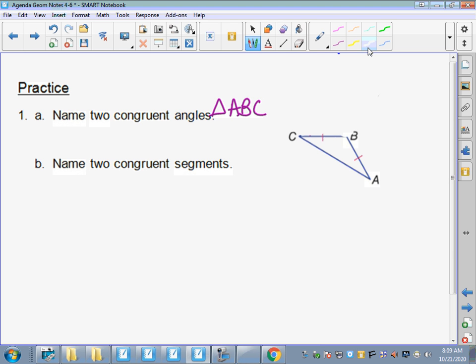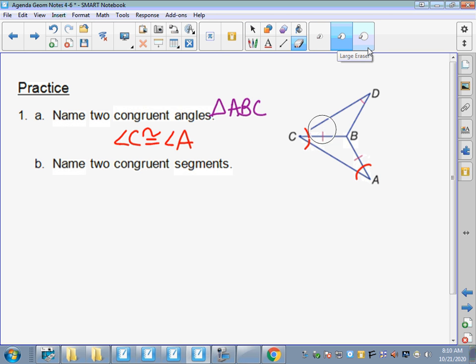Therefore, the opposite angles have to be congruent. So angle C has to be congruent to angle A. I got that because I blocked out half of the diagram, and we could have said two congruent angles are angle D and angle C, but those were obviously marked.